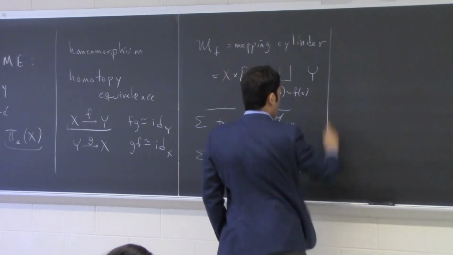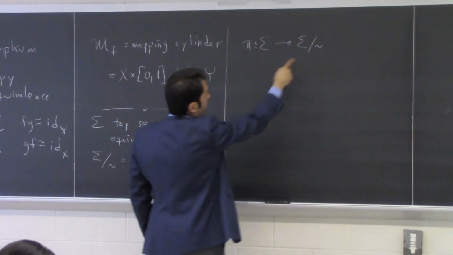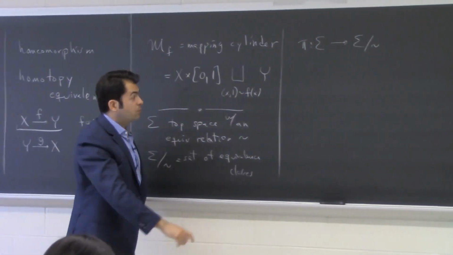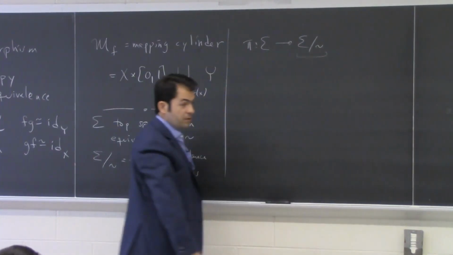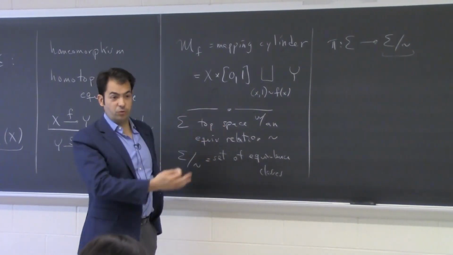We have an obvious map that just assigns to each point its equivalence class. And then we make this into a topological space by taking the largest possible topology for which this is going to be a continuous map.